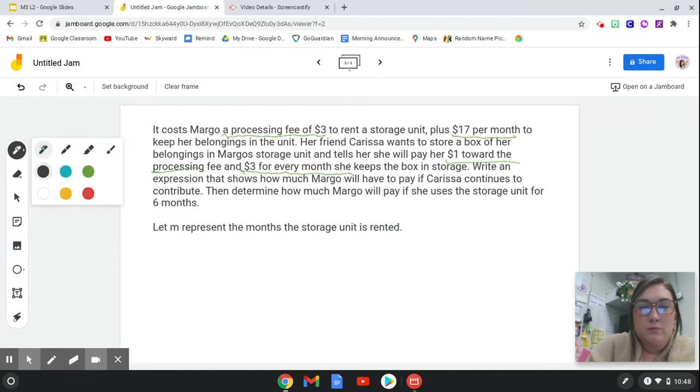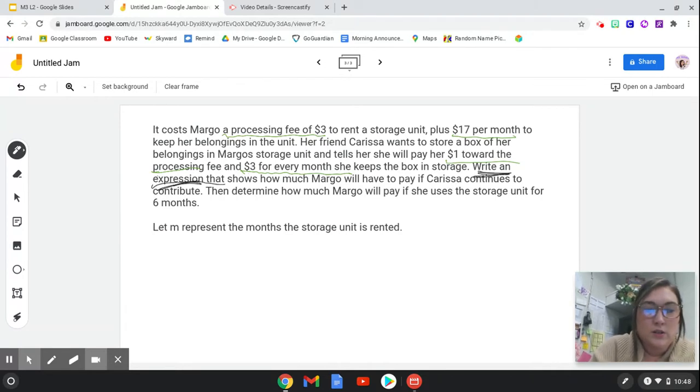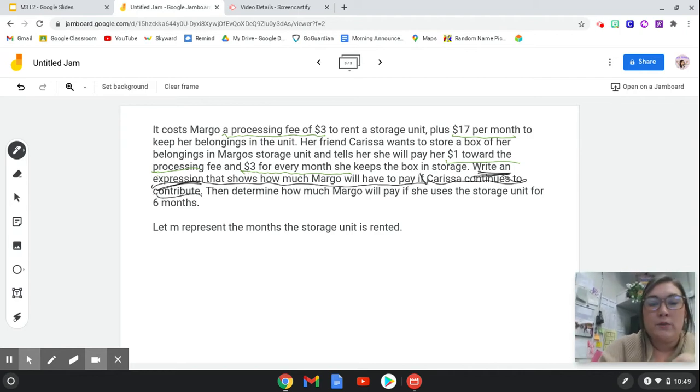What is my problem? To write an expression that shows how much Margot will have to pay if Carissa continues to contribute. Well, I know that if Margot paid by herself, it's $3 plus the $17 per month. That's what Margot would pay by herself.